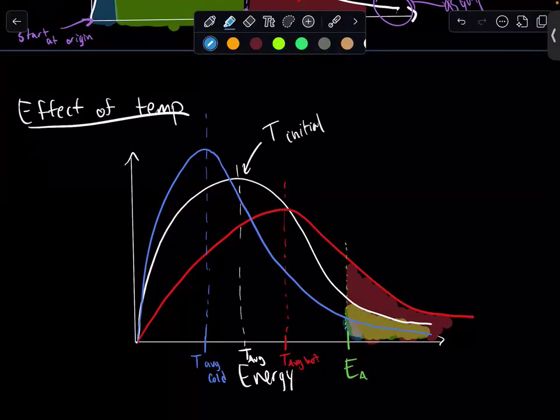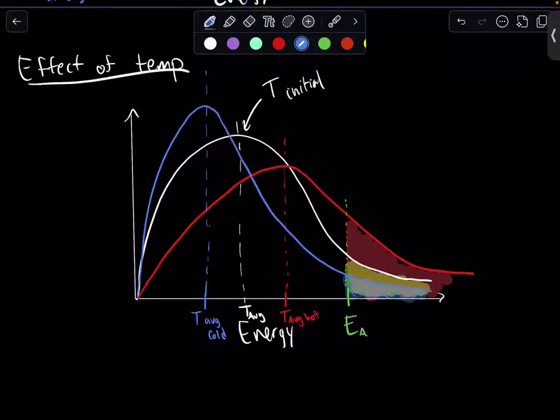And so you'll notice this curve has fewer particles that can react because our curve shifted the other way. So temperature has a great effect on our Maxwell-Boltzmann distribution. You'll notice the peaks change height and the fraction of particles all change.